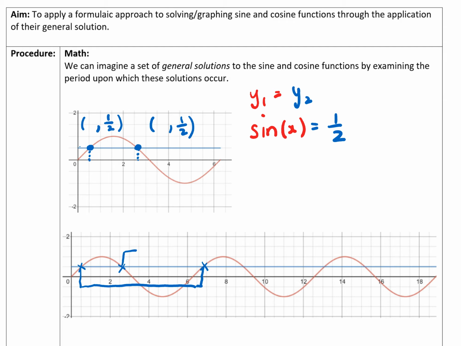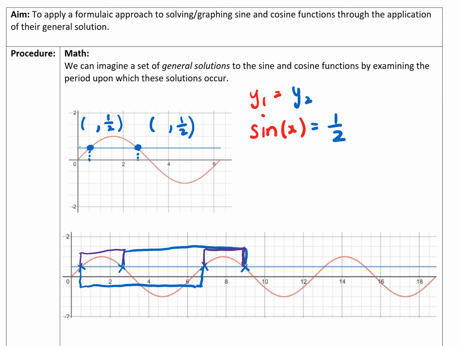And this one happens exactly 2 pi across. This is because the period of the function sine x is 2 pi. But what we definitely know is that this distance here is certainly not equal to 2 pi. You can see that visually. It's definitely not going to be 2 pi. So we need a more formulaic way just to work these two complementary angles out.